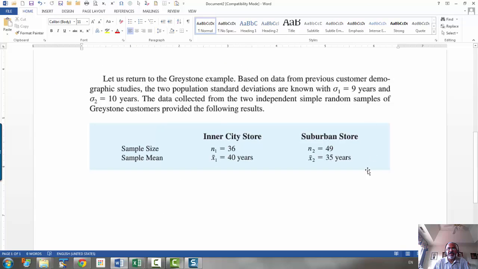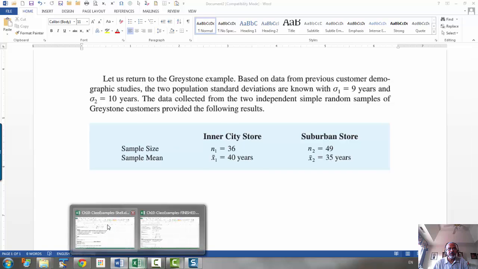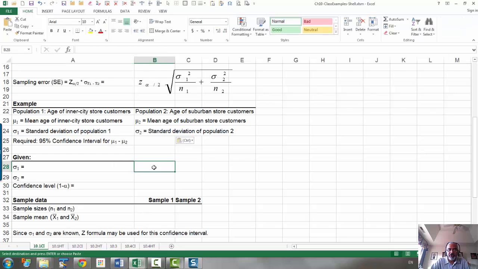The standard deviations of the two populations are given: sigma sub 1 is 9, sigma sub 2 is 10. So let's enter those two numbers.